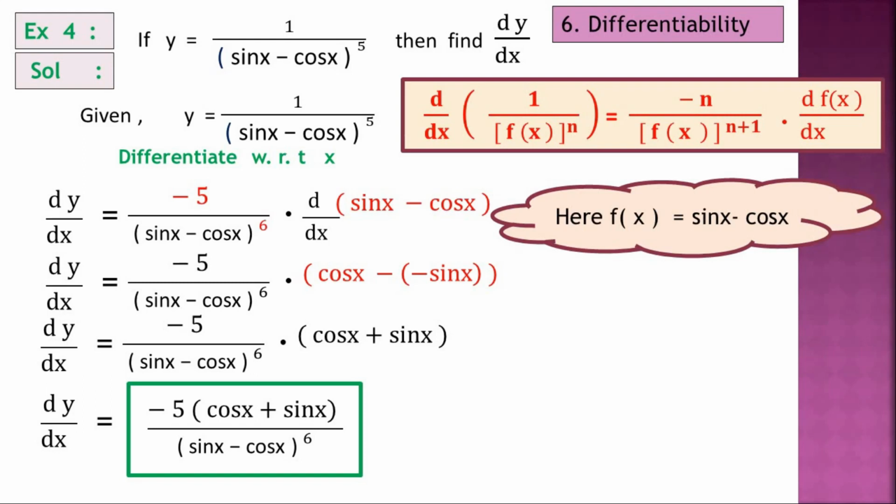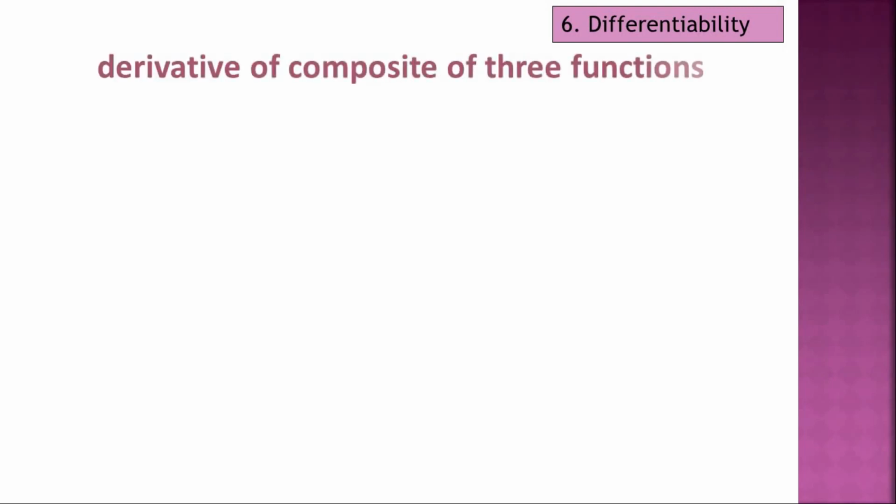I hope you're getting the method of writing the derivative of a function of the type 1 upon function raised to n. Next, students, I am going to discuss the derivative of a composite of three functions. So far I discussed the composite of two functions, that is f of g. The given function is of the type f of g.